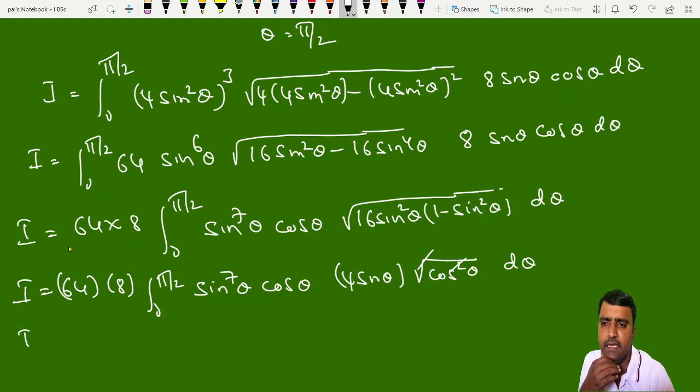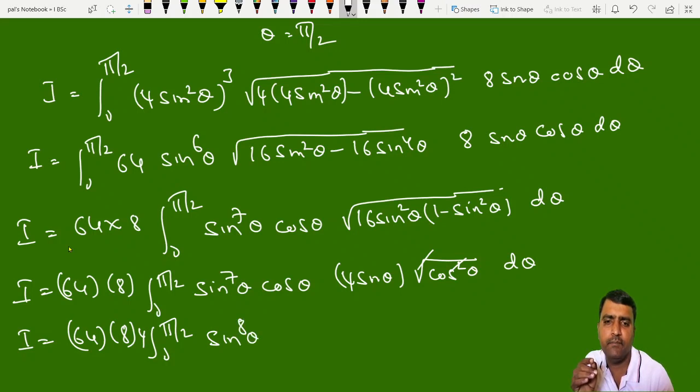So finally we have I is equal to 64 into 8 into 0 to pi by 2 into, and you can take this 4 outside from this integration, into 4, sine to the power 7 theta into sin theta is sine to the power 8 theta, and cos theta into cos theta is cos square theta into d theta.